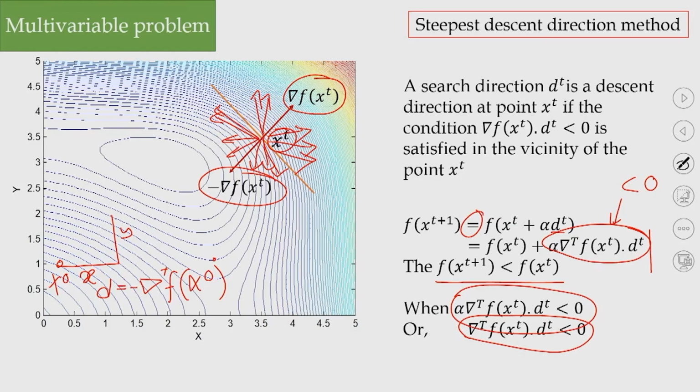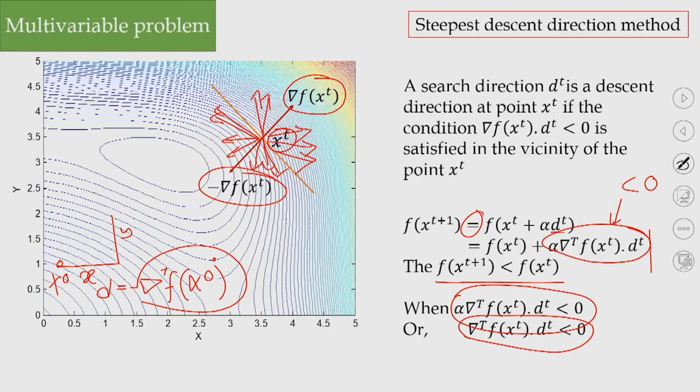Is it clear? So, what are we doing? This method is again a simple method. We are calculating the direction using the gradient information at that particular point. So, we will calculate the gradient and we will go along the negative of that gradient.